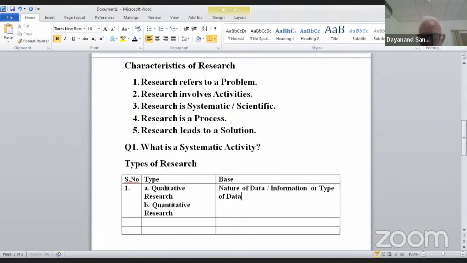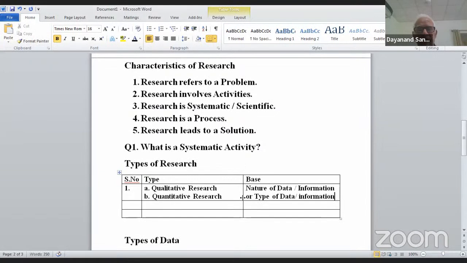If type of information is the base, then you have research of the two types, called the qualitative research and the quantitative research. And there is not even a single subject where you do not have these two types.